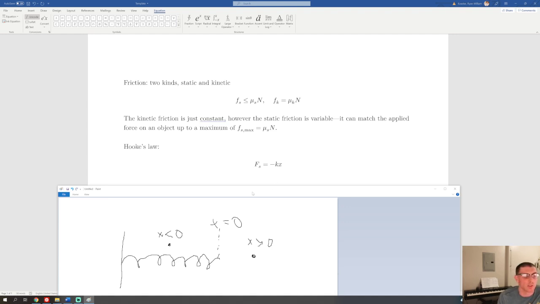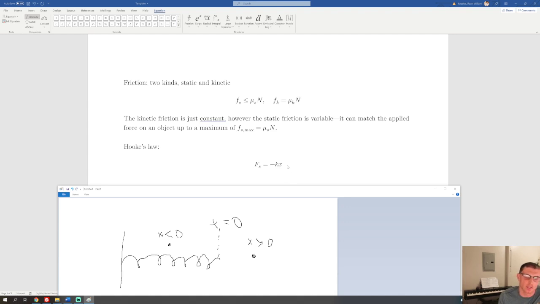Alternatively, you could write it without the negative sign and just use your intuition to get the direction. Either way is fine, I guess, but the important thing is don't double count the negative sign. Or just make sure you're being mindful of whether your x value is positive or negative for a given configuration. And k is the spring constant, and it is positive.